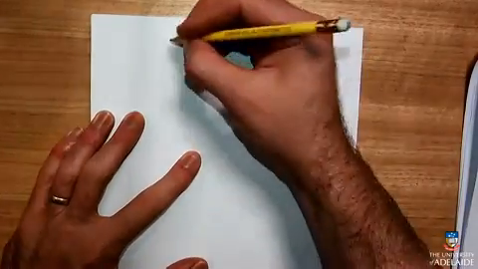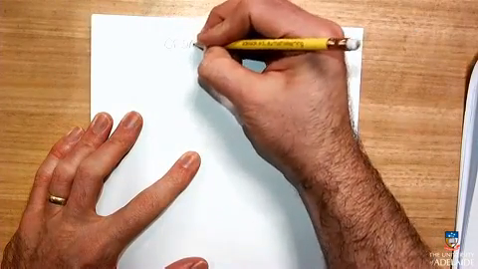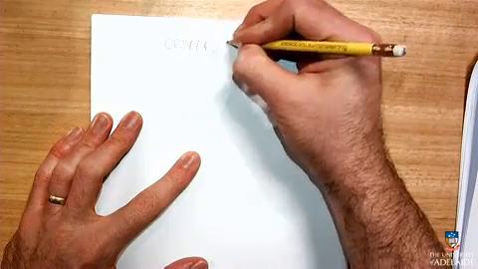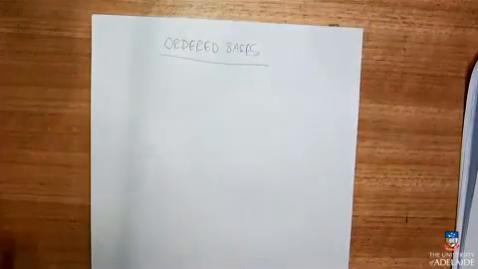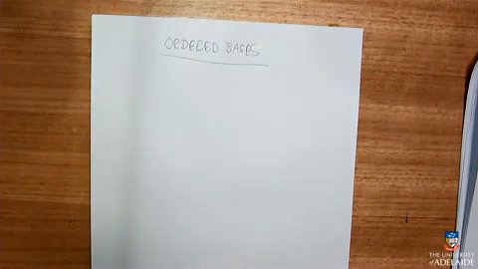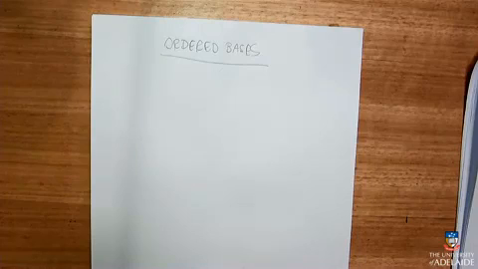Okay, so I've been asked to talk about ordered bases. So just a second, from the shape of the things we've listed here, I have a feeling that almost all of these are to do with vector spaces and not groups.